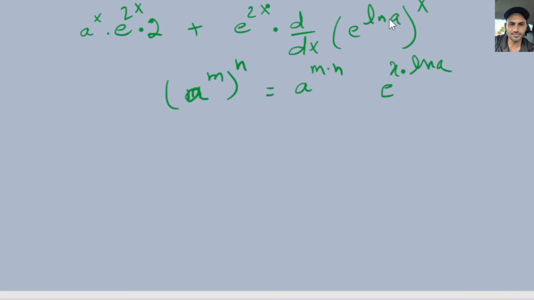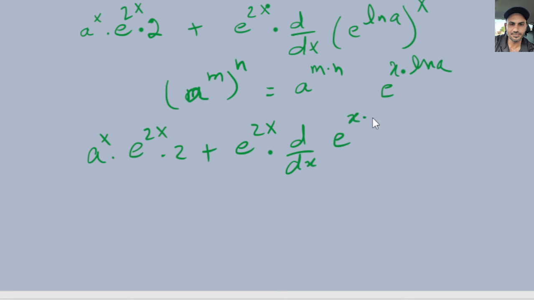So I basically multiply these two exponents. So let's write this down: a to the x times e to the 2x times 2 plus e to the 2x times d over dx of e to the x times ln of a.